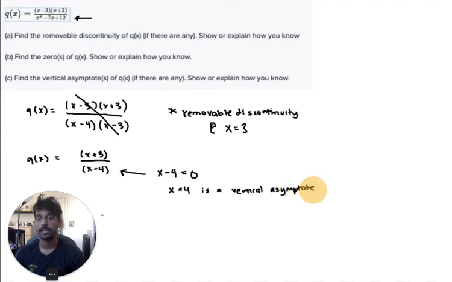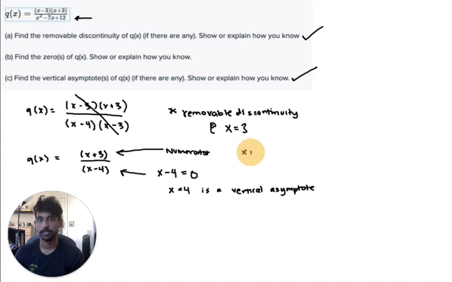And the last bit that I haven't found, well, I found the removable discontinuity and I showed that. I found the vertical asymptote and I showed that. Well, let's find the zeros. Well, if I look here, I see x plus 3 is in the numerator. In order to find zeros, we care about the numerator. And to find the zeros, we're just going to set the numerator equal to 0.